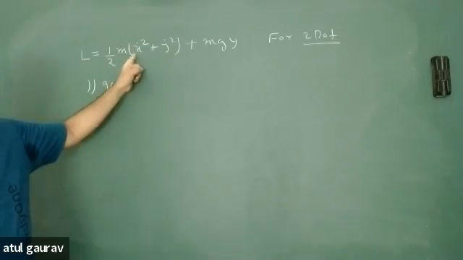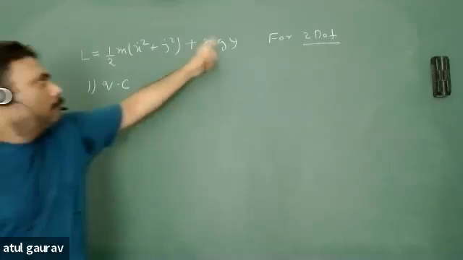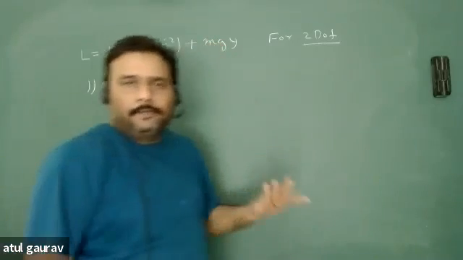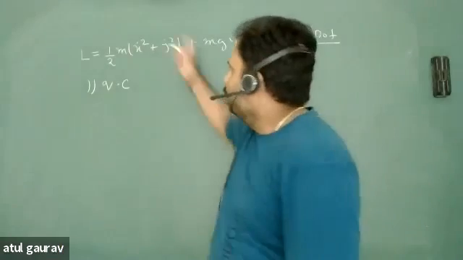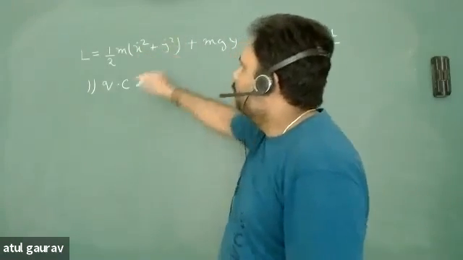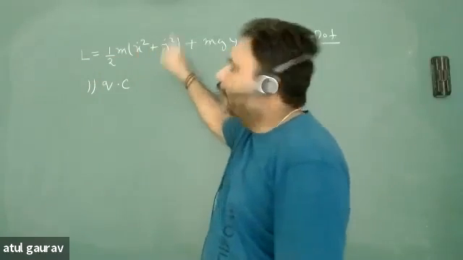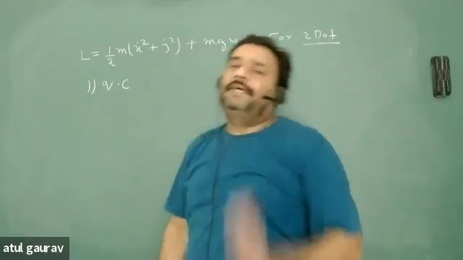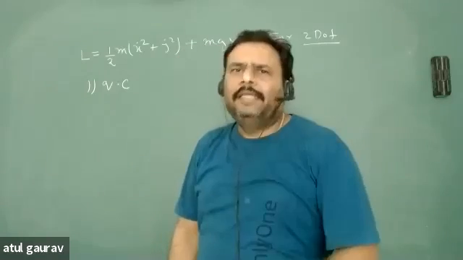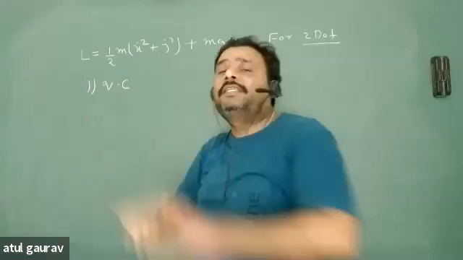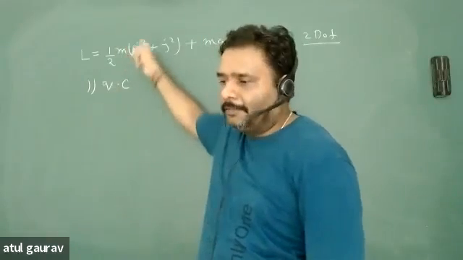So don't worry if x is not there. This Lagrangian is a function of y, x dot and y dot, but not a function of x. If it is not a function of x, it means it is an implicit function of x, because x dot is there.